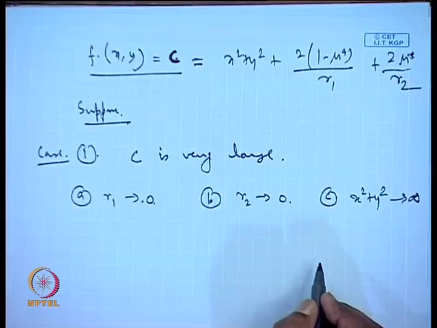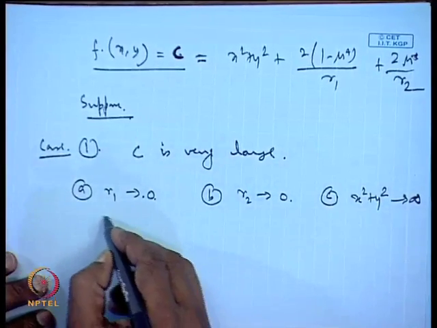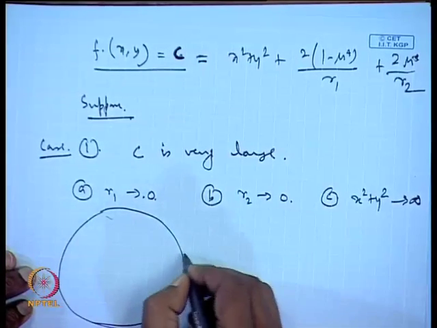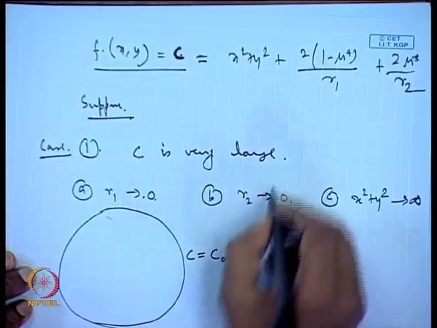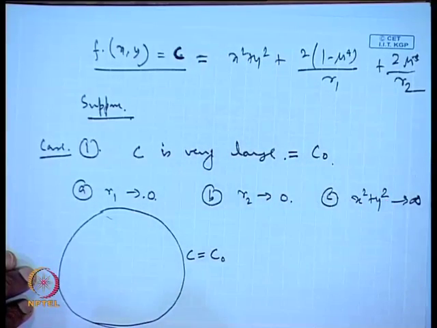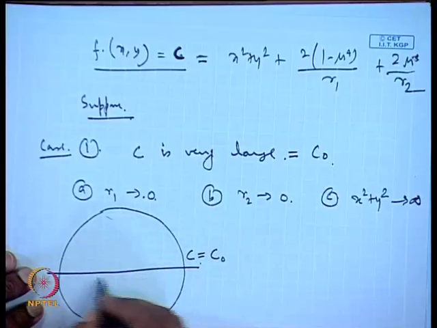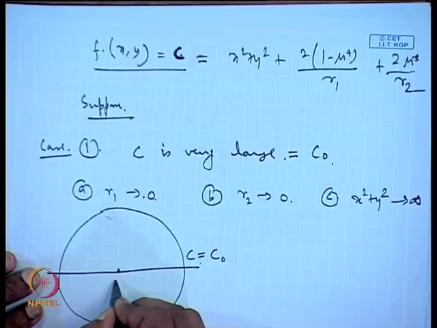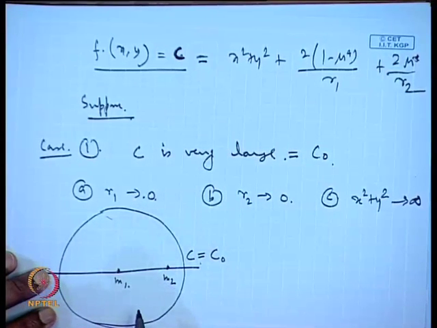If this happens, what do you get? This is the surface, let us say C equal to C 0. This is a very large quantity, and you have the points here, say m 1 and m 2.